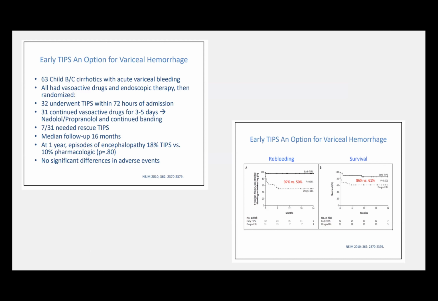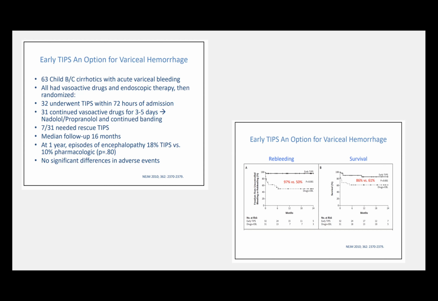But the studies have shown that, just like in ascites, TIPS has been beneficial, especially in Child C patients, with better outcomes, decreased bleeding, and increased transplant-free survival time.